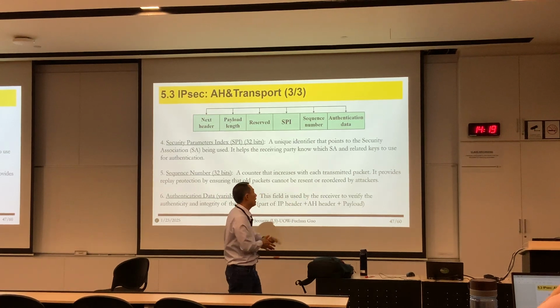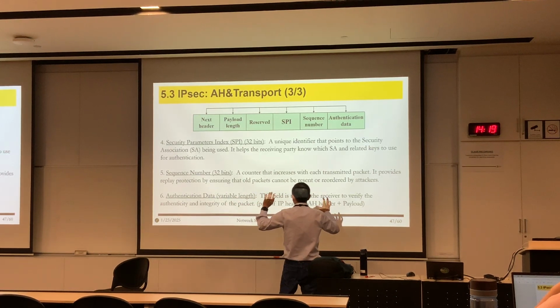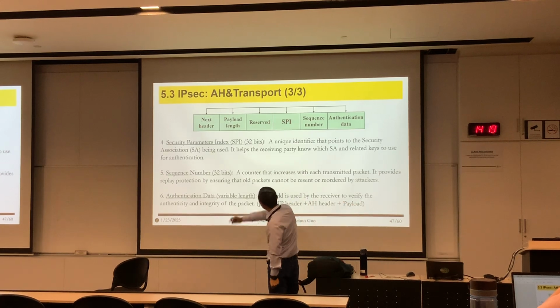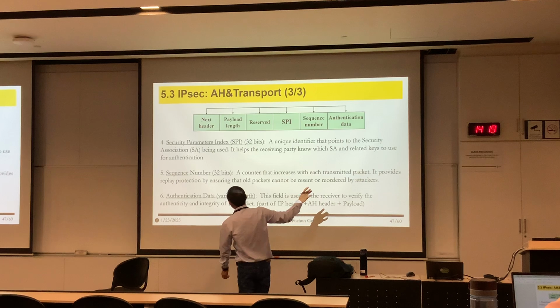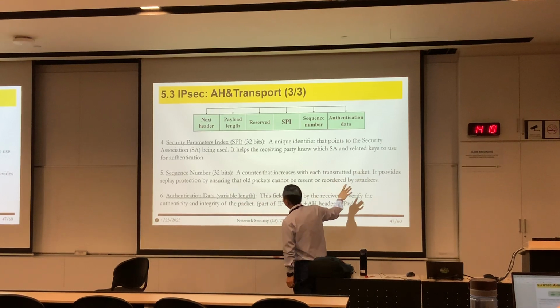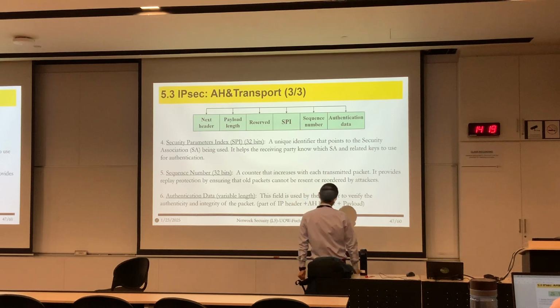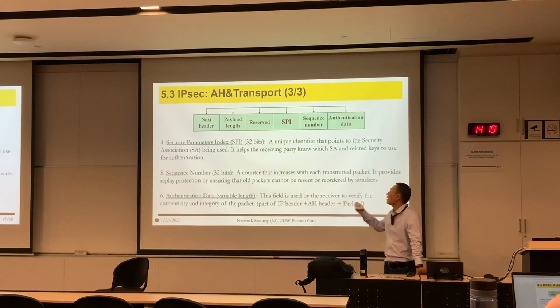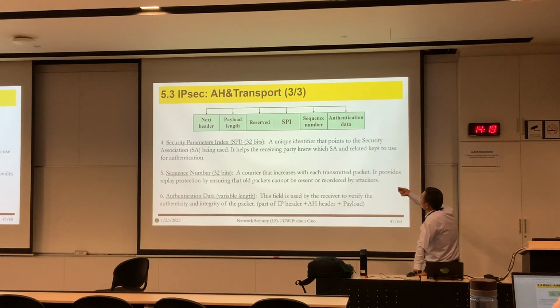That's why there are multiple SAs on one device. So this SPI tells Bob which SA should be used to handle this connection. That's why it helps the receiving party know which SA and related key should be used for authentication.